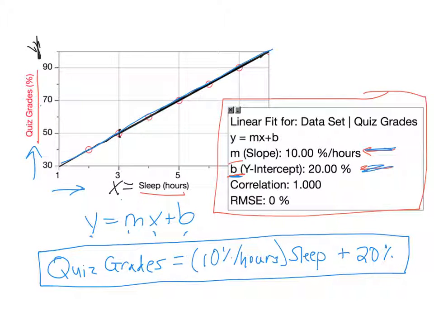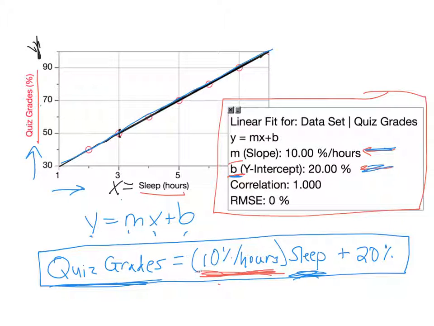All right, but what's most important, in addition to being able to do this, is also to understand what this equation is telling us. Okay, it relates sleep to your quiz grades. So your x is related to your y. How? Well, it tells you that for every 1 hour of sleep, you get 10%. Okay, that's what we call a for every statement.